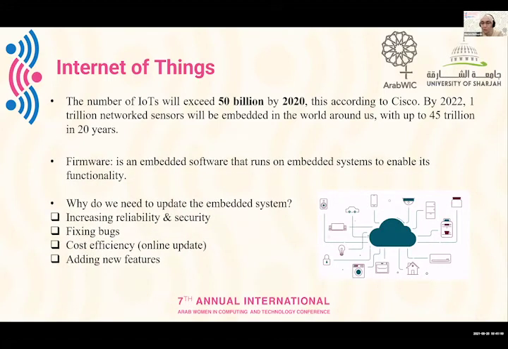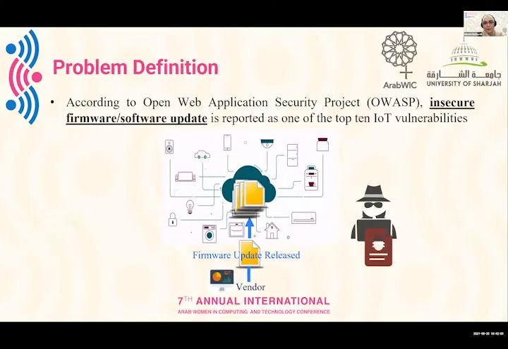So what is firmware? Firmware is the software inside the IoT devices that controls the functionality of these devices. And there will be a need to update this firmware in the IoT devices in order to increase reliability and security, and in order to fix any existing bugs. It is also cost efficient, and allows adding new features to the IoT devices.